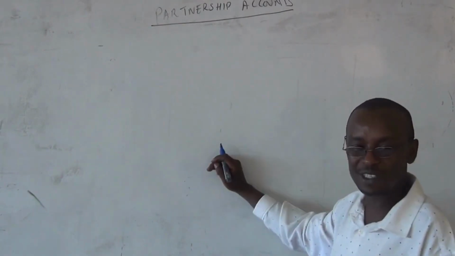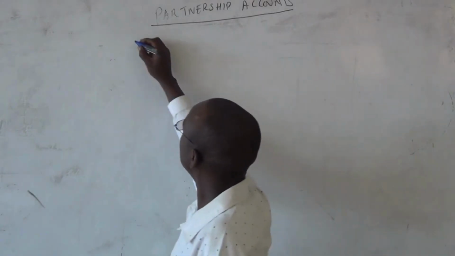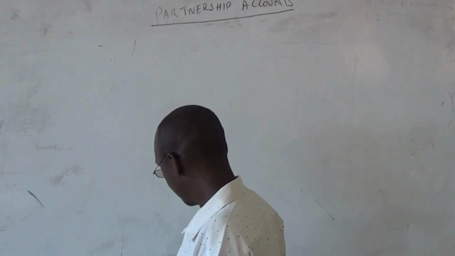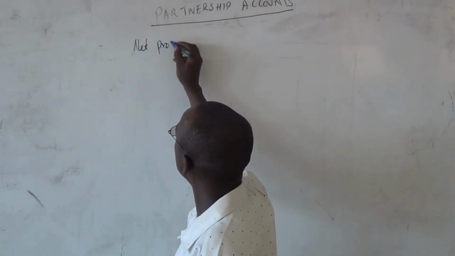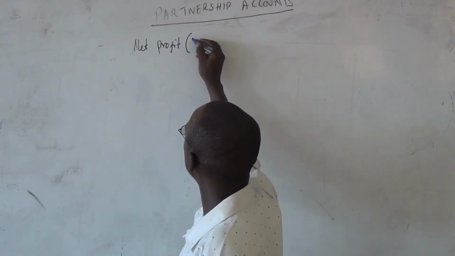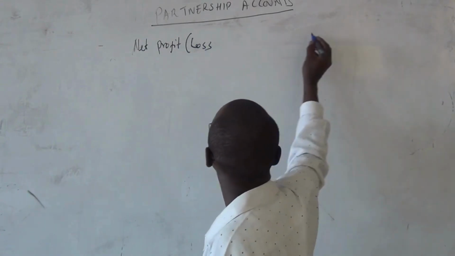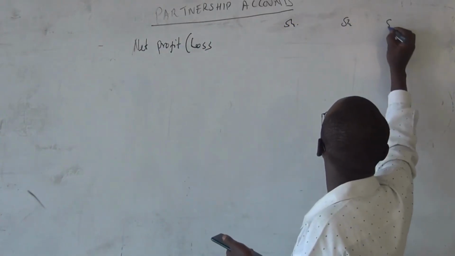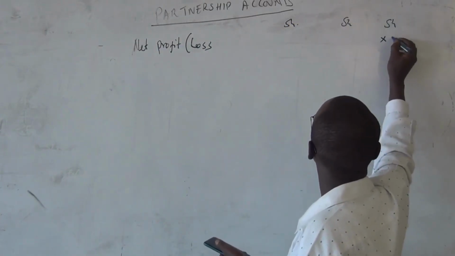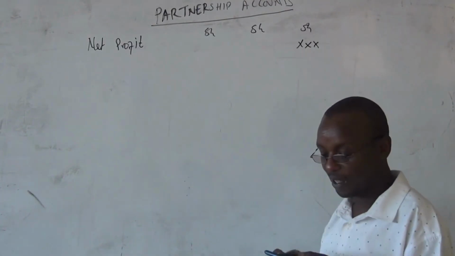You less expenses, you get net profit or net loss. Net profit, in brackets loss. We have shillings, shillings, shillings. So our net profit is here.